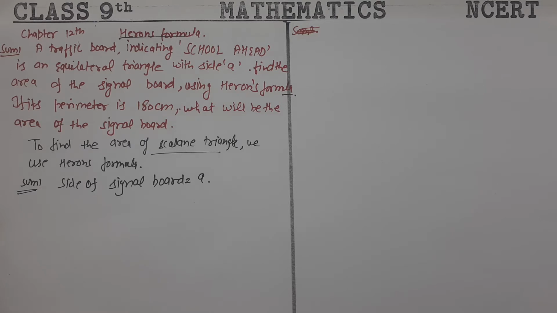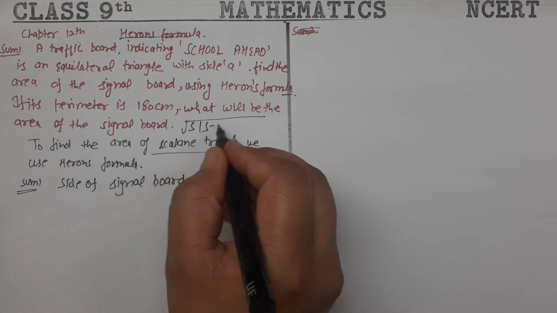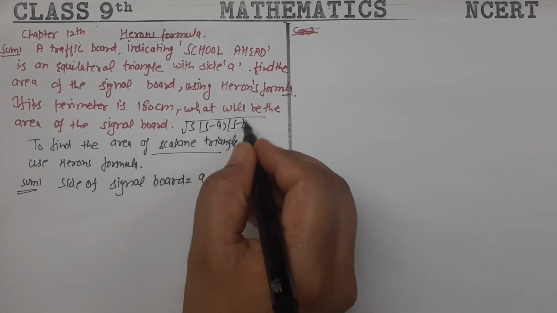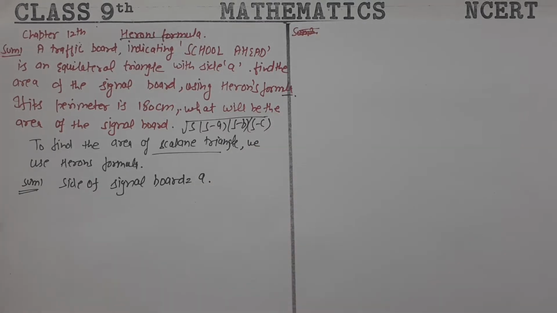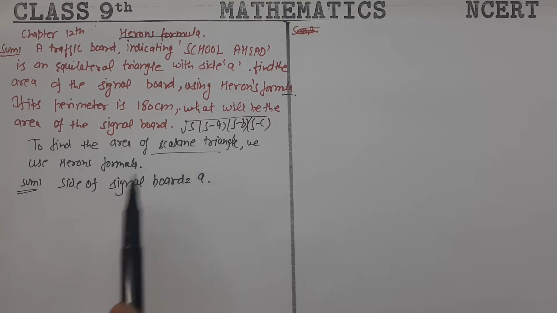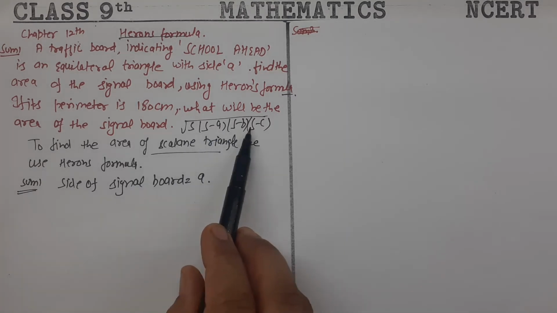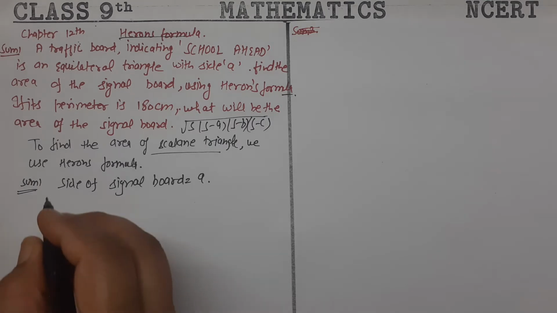The formula for finding the area of a scalene triangle by Heron's formula is root of S into S minus A, S minus B, S minus C, where S is the semi-perimeter and A, B, C are the sides of the respective triangle.